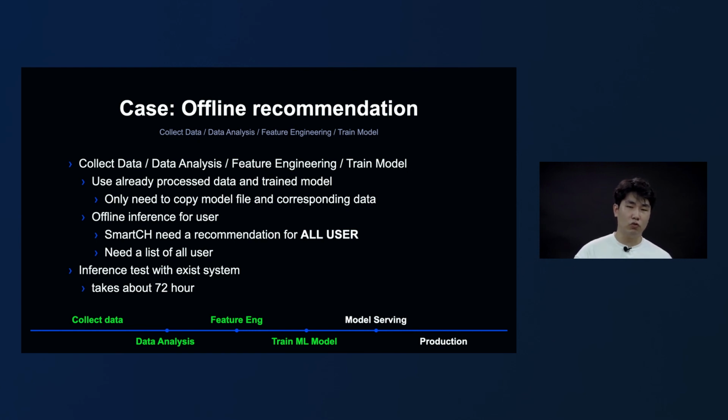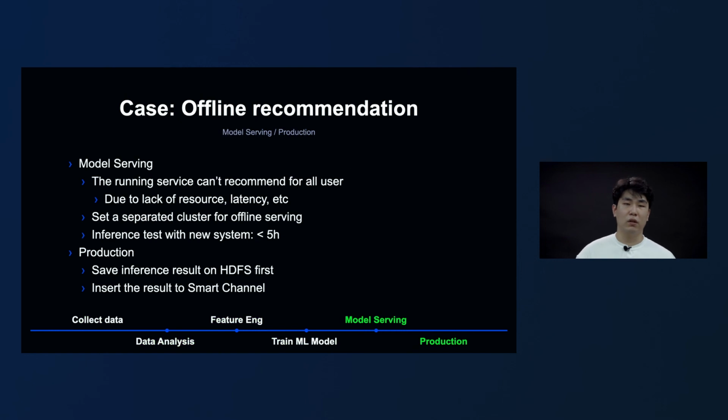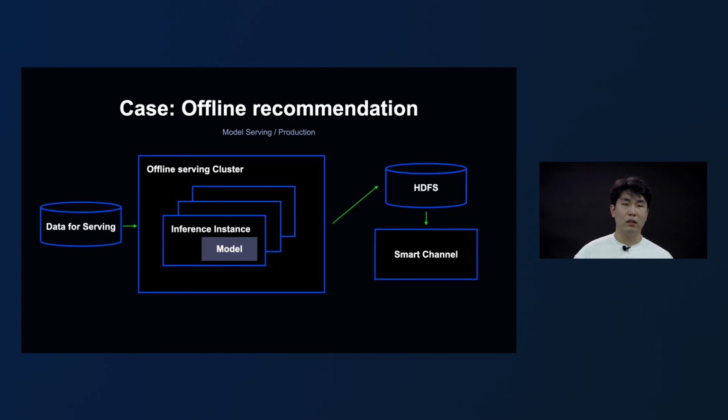But we still have to make predictions about all of the users, not just a single user based on a request. So we carried out tests using the existing system, and it took too much time. And it was due to several factors. And we came to a conclusion that the problem was with resources, so we have to change the way the system is served. So we prepared a separate large cluster for serving.